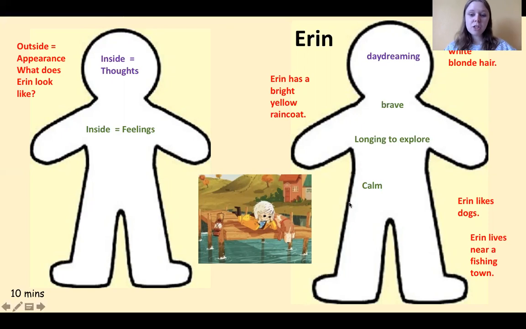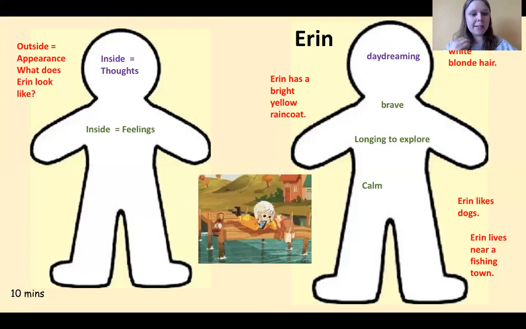I've also said that she's calm because in the picture she looks quite peaceful. I've also said in her thoughts that she likes to daydream. She's a daydreamer, thinking about what life is like going to explore. So those are some of the things that I have put inside. I am sure that you can think of lots more. If you look at her appearance, what else could you put around her for her appearance?